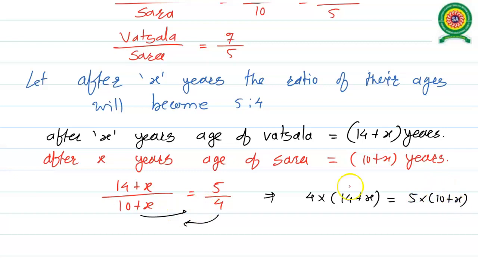So try to distribute 4 over the bracket and 5 over the bracket respectively, so that we get 14 fours are 56 plus 4 into X as 4X, that is equal to 5 tens are 50 plus 5 into X as 5X.